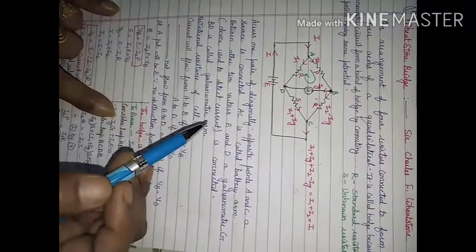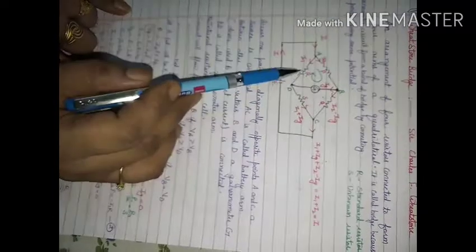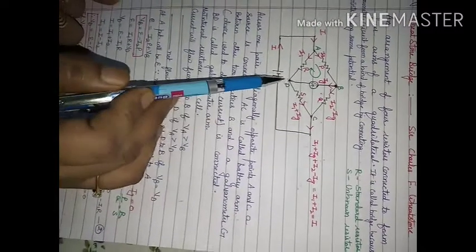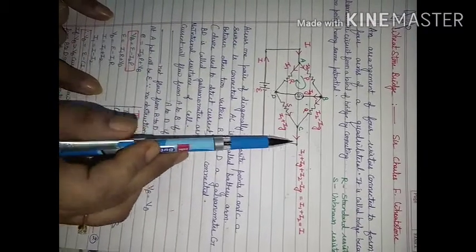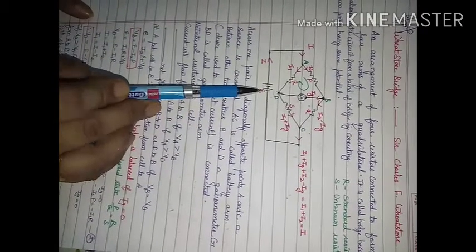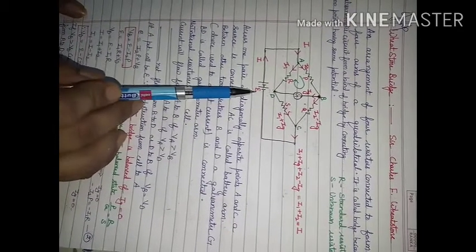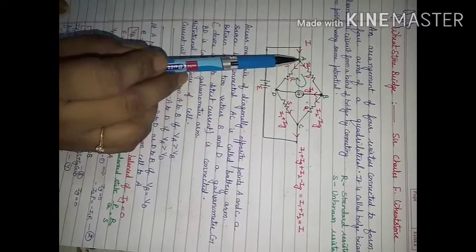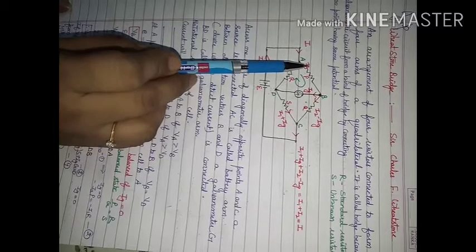So repeating what we have done till now, we have an arrangement of four resistors P, Q, R, S in the form of a quadrilateral, where B and D are joined with the help of a galvanometer and A and C are joined with the help of battery. Then I said that we have not considered any internal resistance of this battery, and from positive terminal of battery current I is flowing. At this point it is going to split into two parts, I1 and I2.